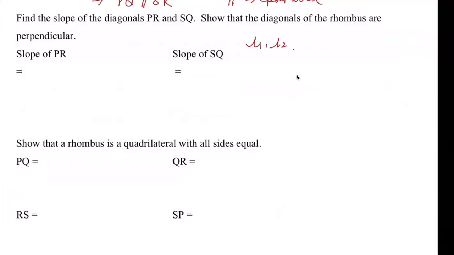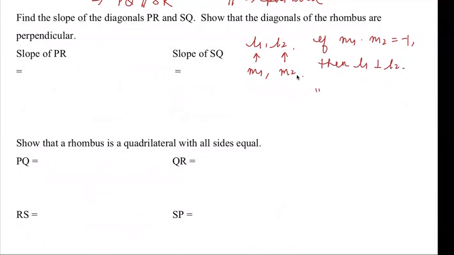The slope of L1 is M1 and the slope of L2 is M2. If M1 times M2 is equal to minus 1, then L1 and L2 are perpendicular. This symbol means perpendicular.